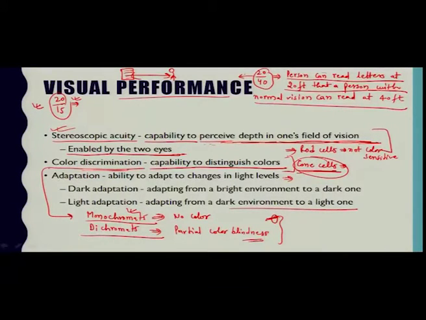Another thing, in vision terms, is adaptation. Adaptation is the ability to adapt to changes in light levels. Basically there are two situations here. First is dark adaptation, second is light adaptation. Dark adaptation means adapting from a brightly illuminated environment to a dark environment, and light adaptation is adapting from a dark environment to a light one.